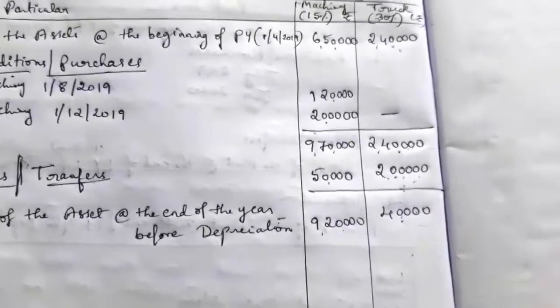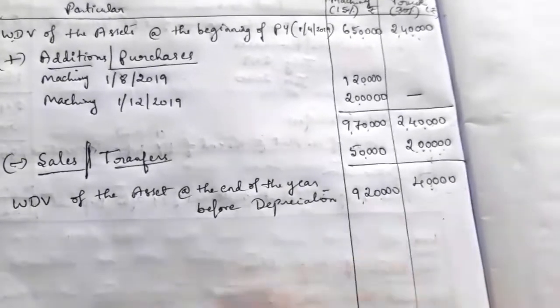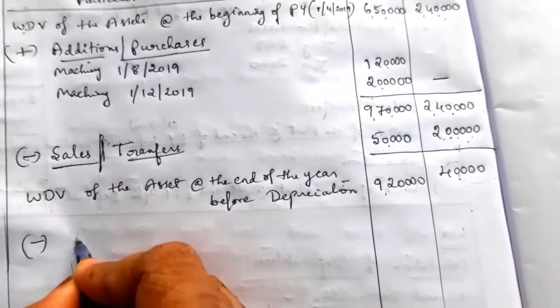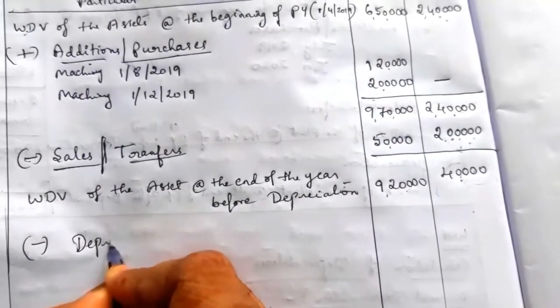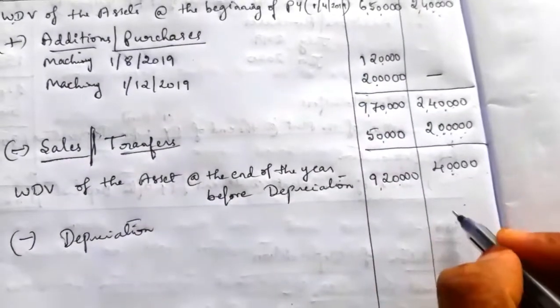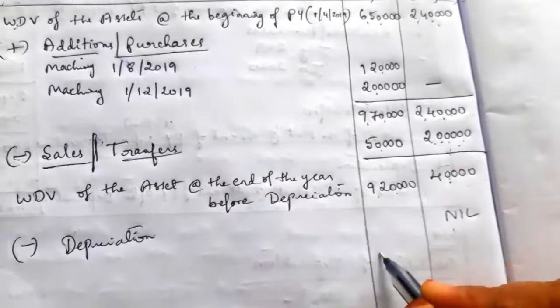So now we will calculate the depreciation for the plant and next, what is the next step? Next step is depreciation. We have to deduct the depreciation. So here we have to calculate and write. Here it is nil, there is no depreciation.